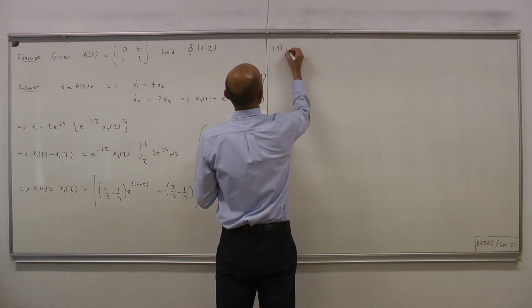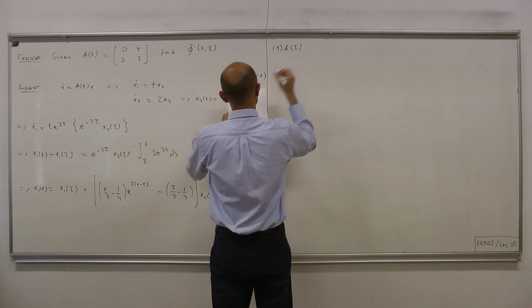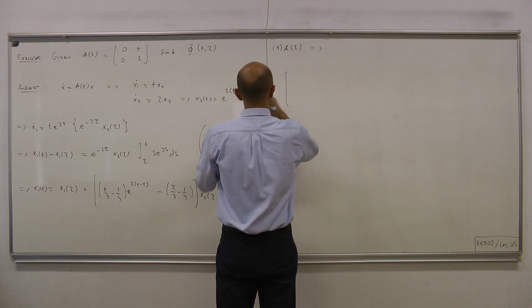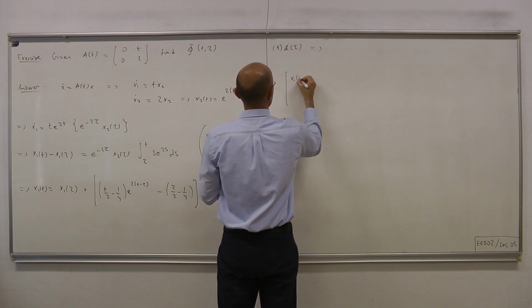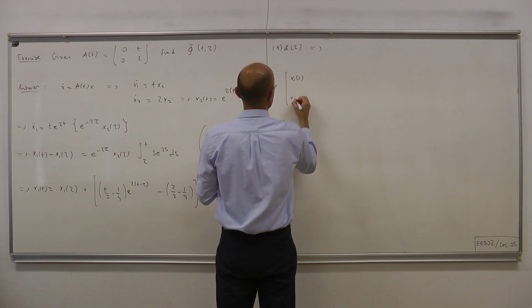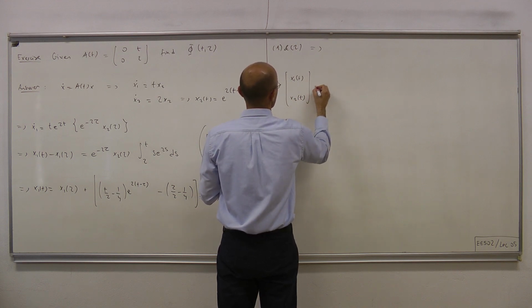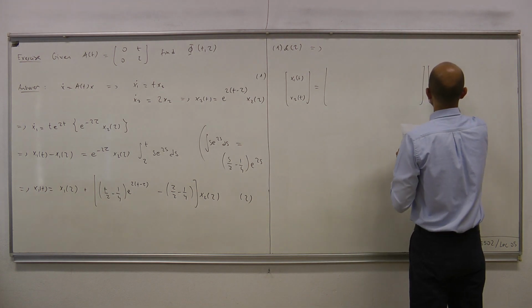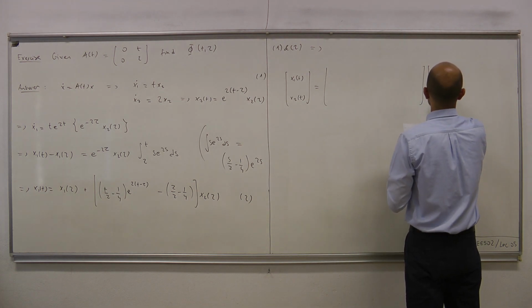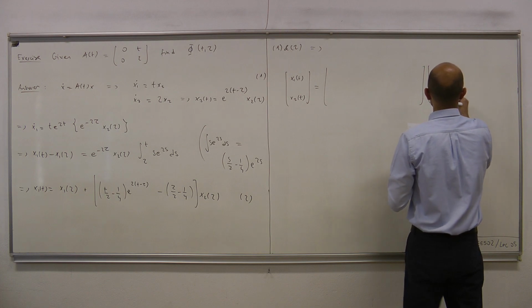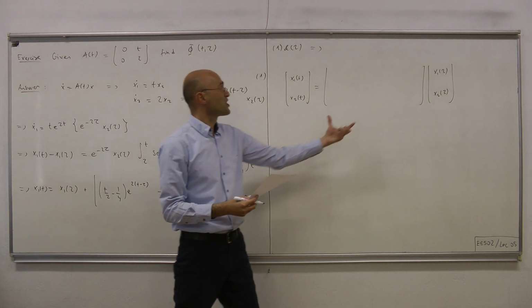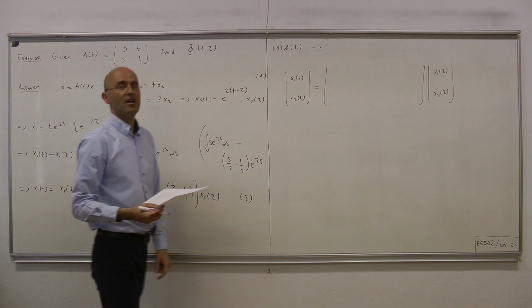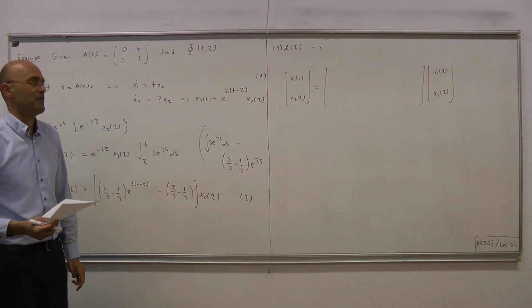So combine equations 1 and 2 and obtain the matrix form: the vector x1 of t, x2 of t equals something times the initial condition vector x1 of tau, x2 of tau. And this something, a 2x2 matrix, should be our state transition matrix.